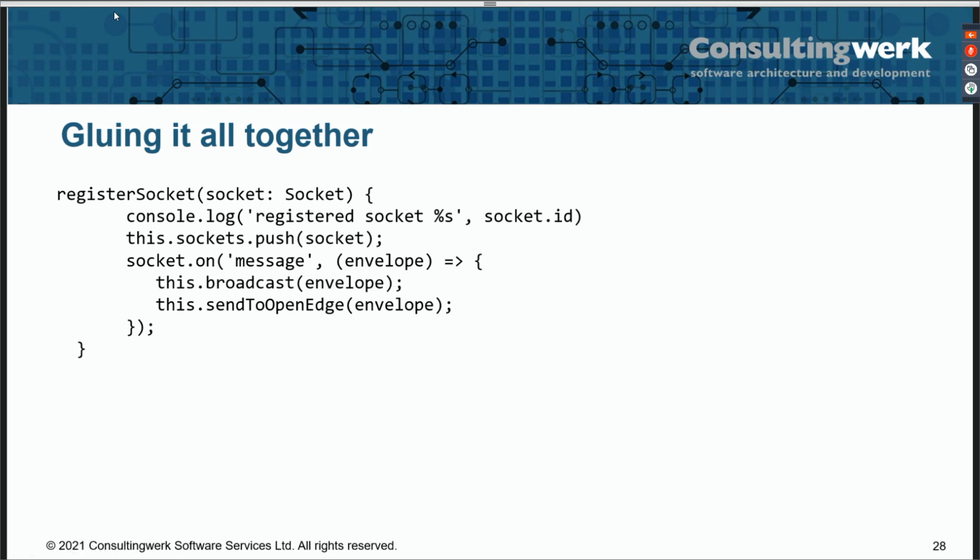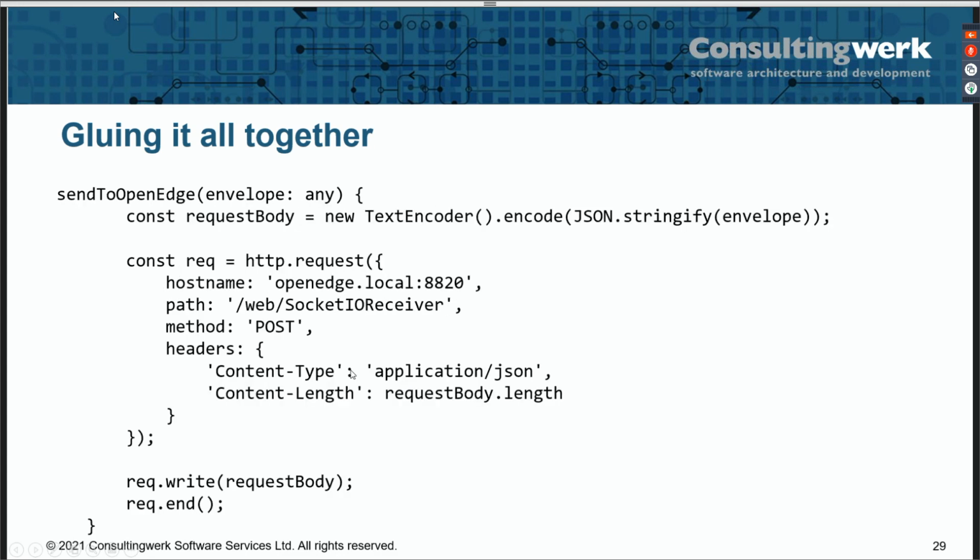It's a global chat room, and I also send that message to OpenEdge in case it needs to do something with it. For example, you might have a database table with all chat messages, timestamps, and so forth for chat history. The send to OpenEdge method looks like this.